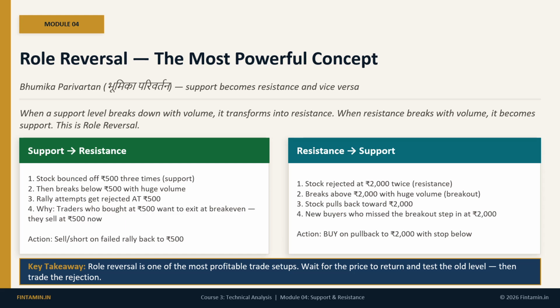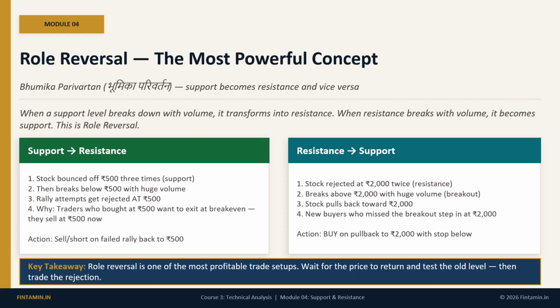The old floor has become a ceiling. When a resistance level is broken with high volume, a breakout, it transforms into support. On the next pullback, buyers appear at the old resistance level, treating it as a floor.